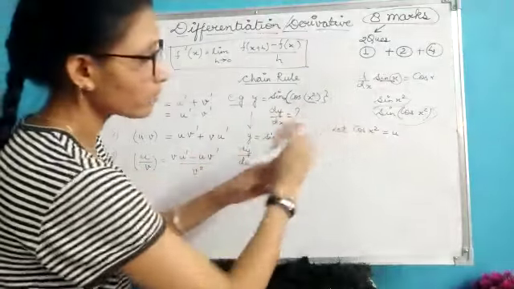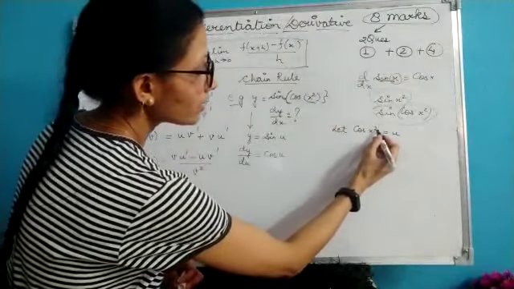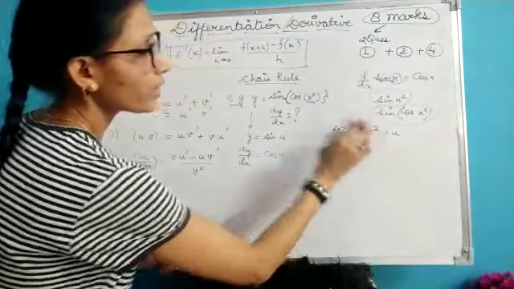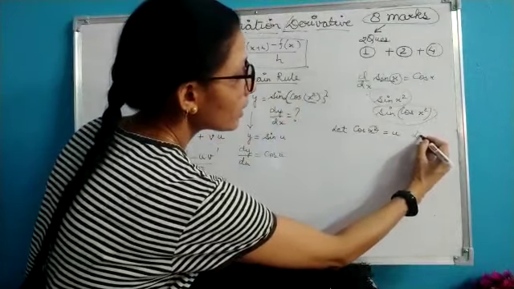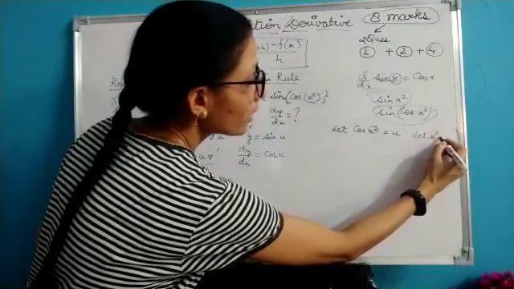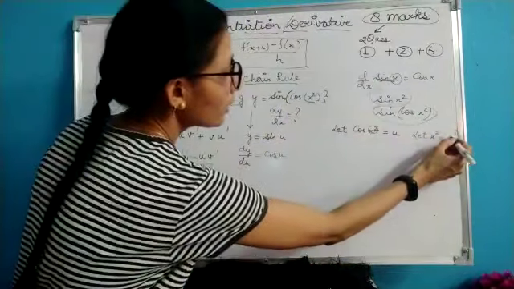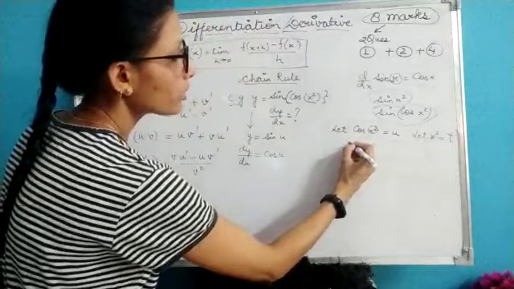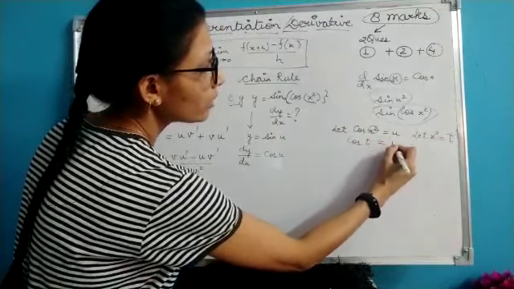So let's see that side. Here it is again x square. This is not again in standard form. So again we'll say let x square equal to some other variable, say t. So now cos x square has been converted into cos t equal to u.